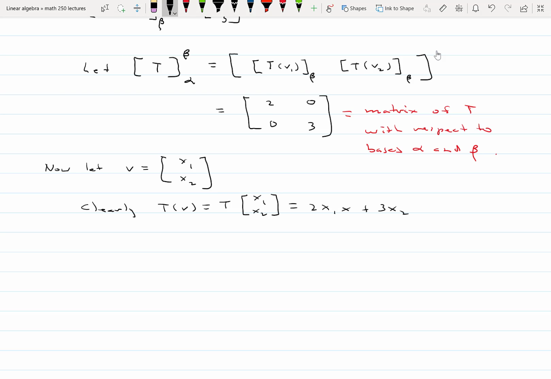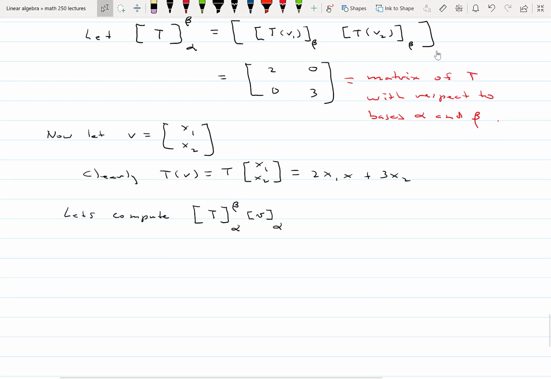Okay, now look what happens when I compute a very special product. Let's compute the matrix of T with respect to bases alpha and beta, and multiply that by the coordinate vector of V with respect to alpha.